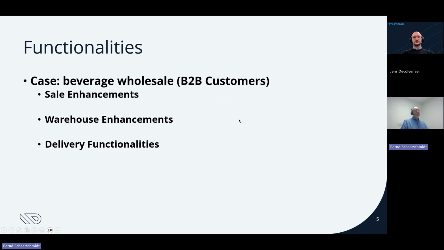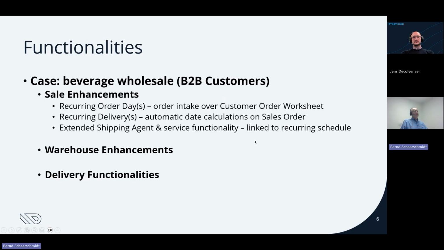Just as a short introduction for the sales enhancement, we introduced what we called the recurring days, and we have two types of days. We have order days where the order intake is planned, and then delivery days, that are the days where we have deliveries scheduled at the customers.